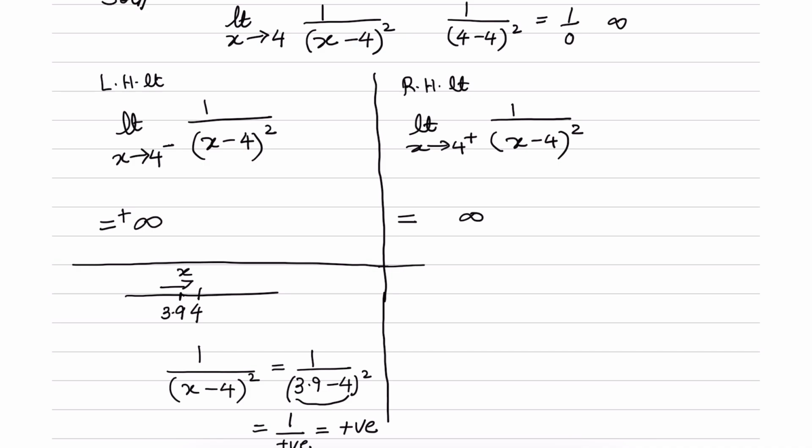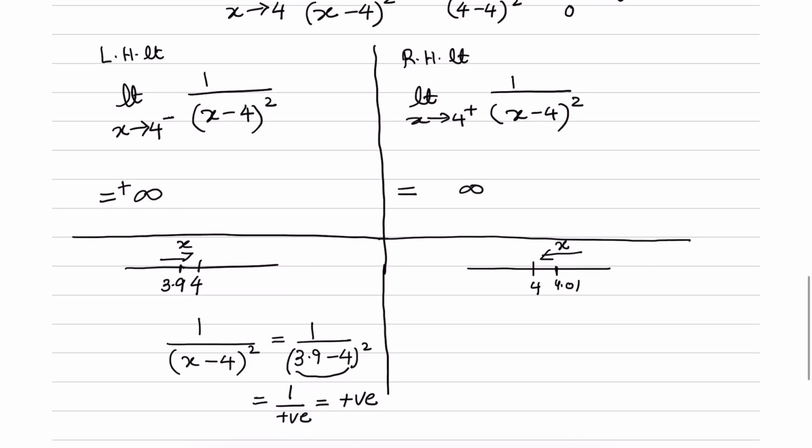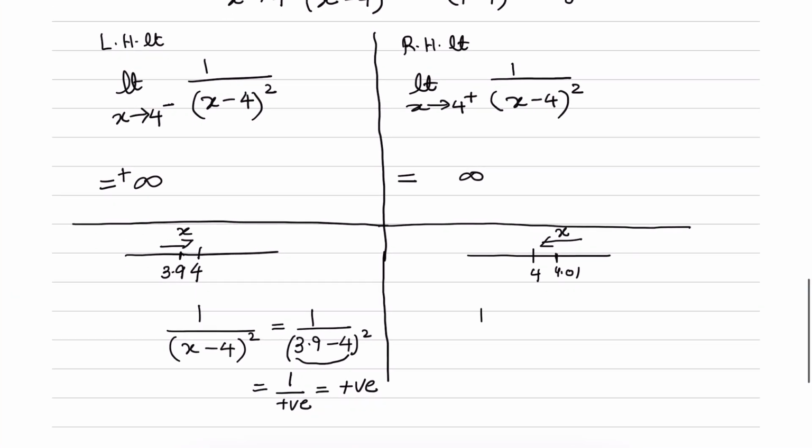Now to decide on the sign for the right hand limit case, we will mark 4 here. Since x is approaching 4 from the right of 4, we will pick some x on the right of 4. Let's pick 4.01. The function here we have is 1 over (x minus 4) whole square.